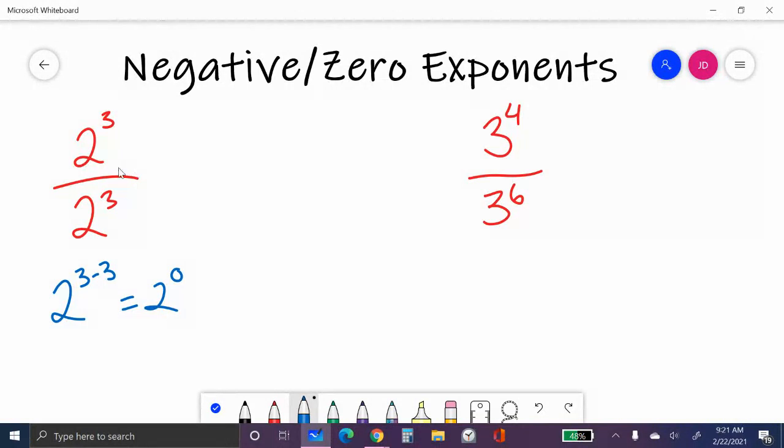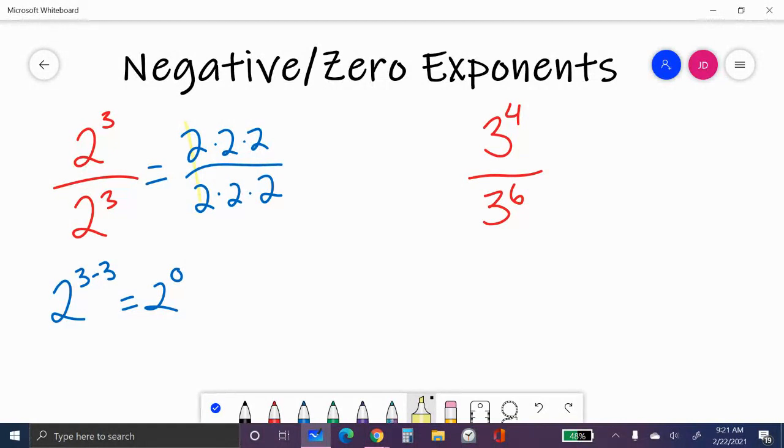Well, let's take a look at this fraction expanded. If I expand 2 to the third over 2 to the third, I get 2 times 2 times 2 over 2 times 2 times 2. Now, whenever you have a fraction, anything divided by itself is 1.